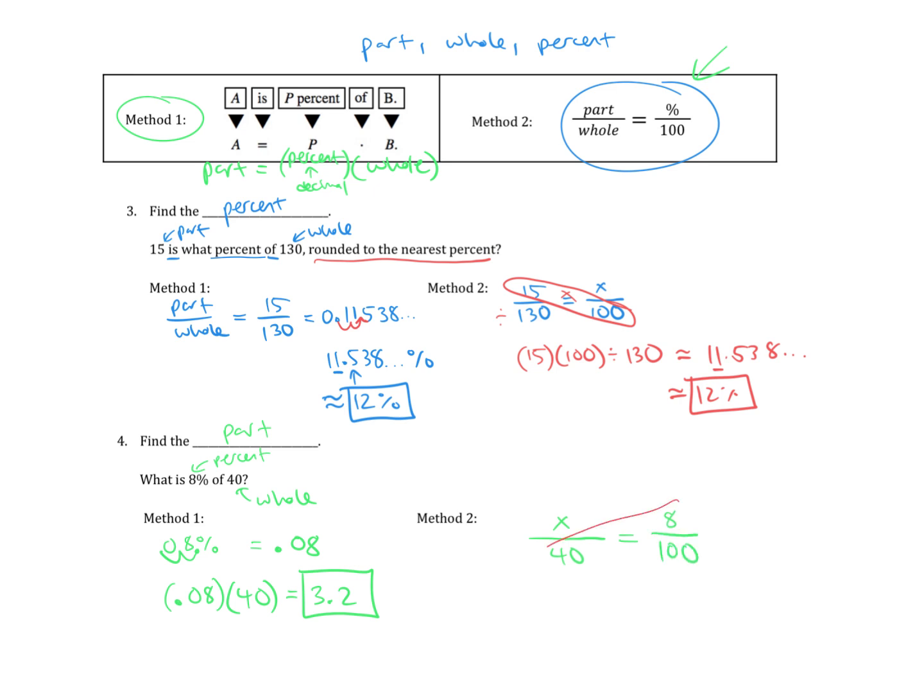Now I'm going to multiply the diagonal numbers and divide by the other number, and I get X equals 40 times 8 divided by 100, which will also give me 3.2. So 3.2 is 8% of 40.